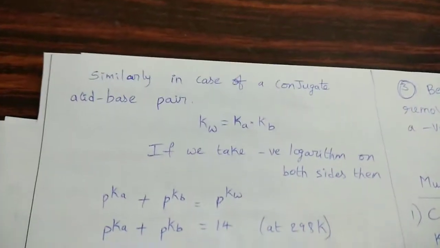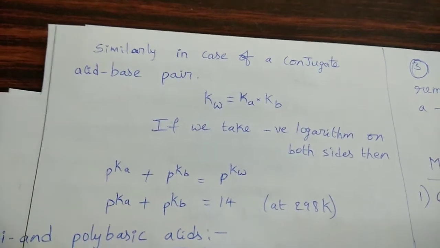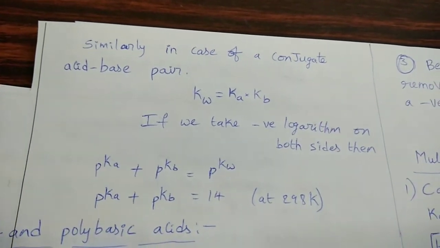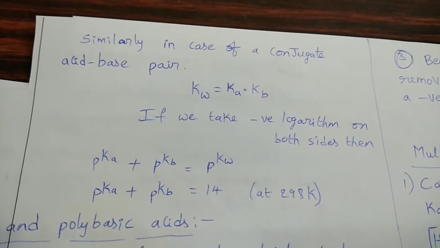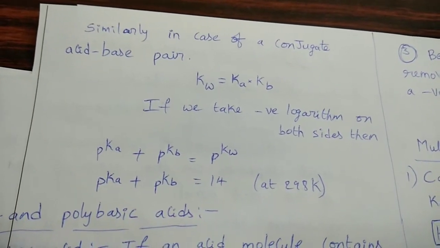Similarly, in case of a conjugate acid base pair, Kw equal to Ka into Kb. We know that Kw means ionic product of water, Ka means ionization constant of weak acid, Kb means ionization constant of weak base.